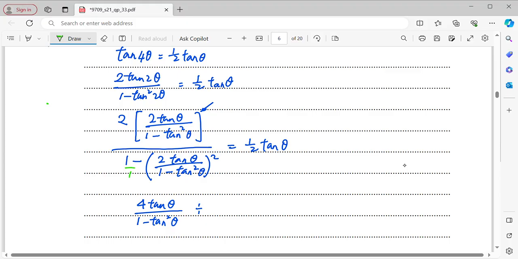I want to get it to be 1 minus tangent squared theta, and there's a squared here as well, so I will bring in the squared. Therefore, this is 1 minus 2 tangent theta squared over 1 minus tangent squared theta squared. That equals half tangent theta.